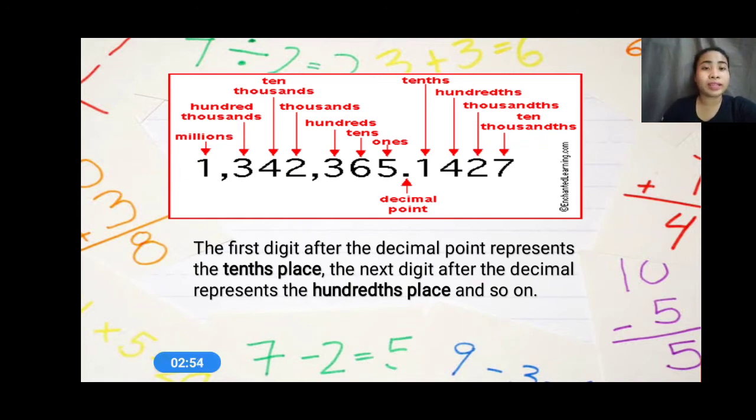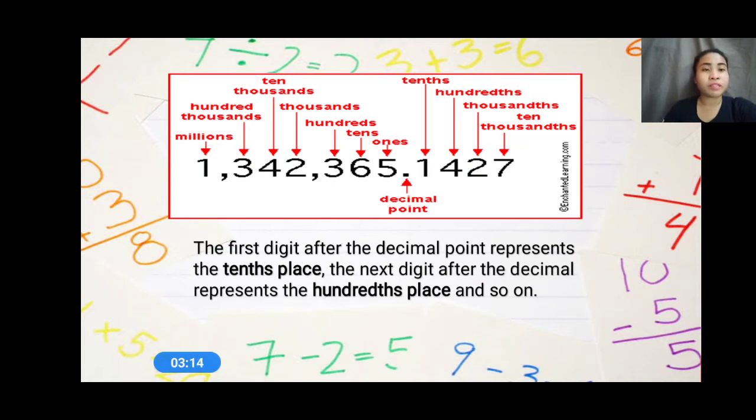Okay, what does the first digit after the decimal point represent? Very good, the tenths place. And then next to tenths is the hundredths, and then thousandths, ten-thousandths, and so on. Okay, so that is a decimal number.